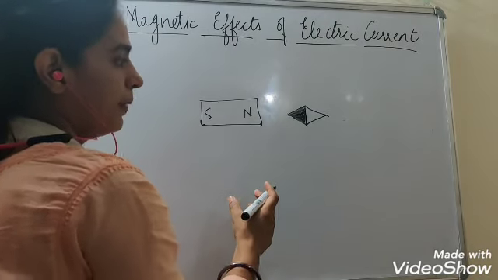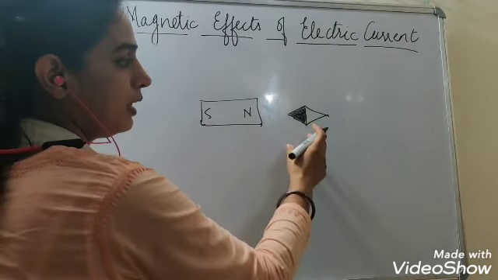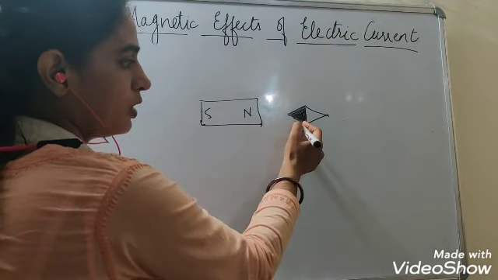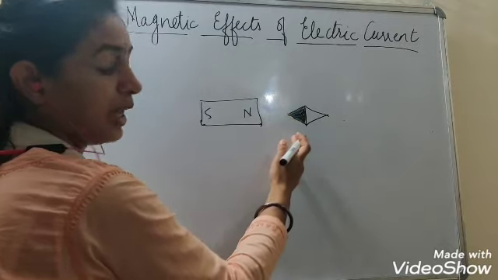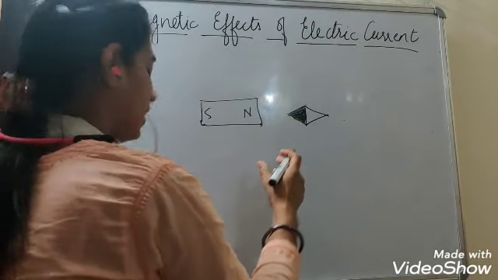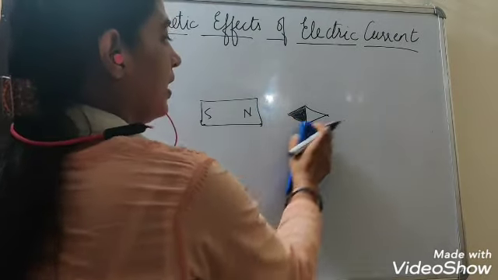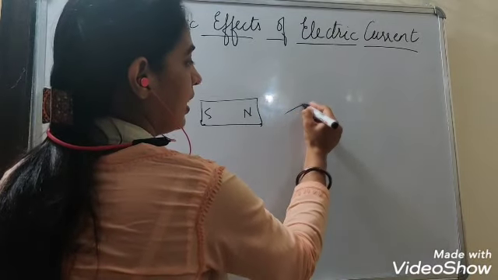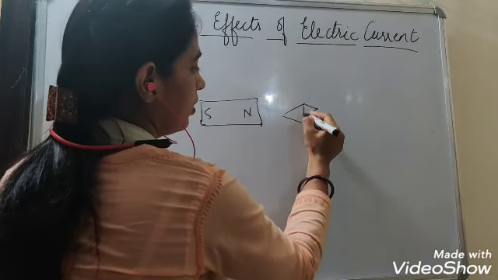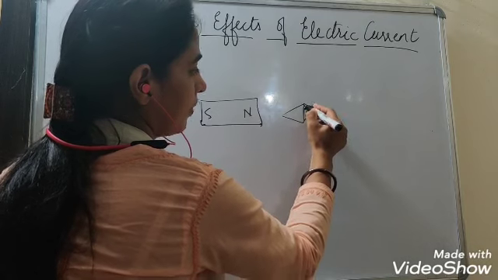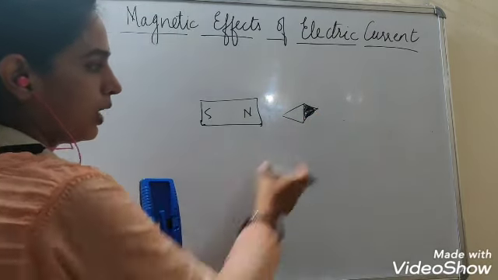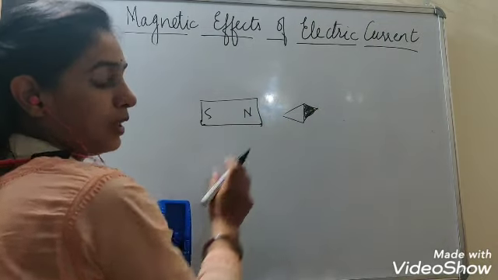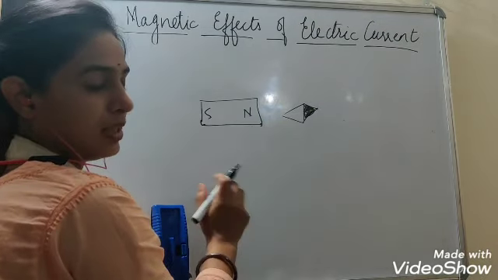So this needle will get aligned, because this is the north pole, like poles repel, so the south will be attracted and the north will be repelled. This magnetic needle will get aligned in this manner.